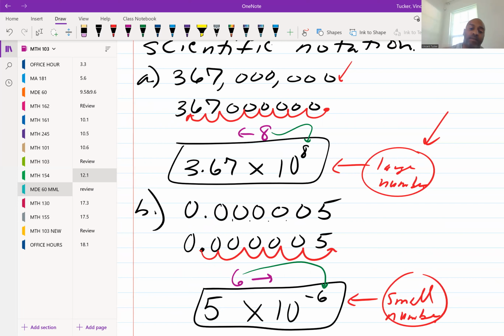So it's going to be 5 times 10 to the negative 6. So we went to the right. That's a negative 6. That negative represents we had a very small number. So we should have a negative value.